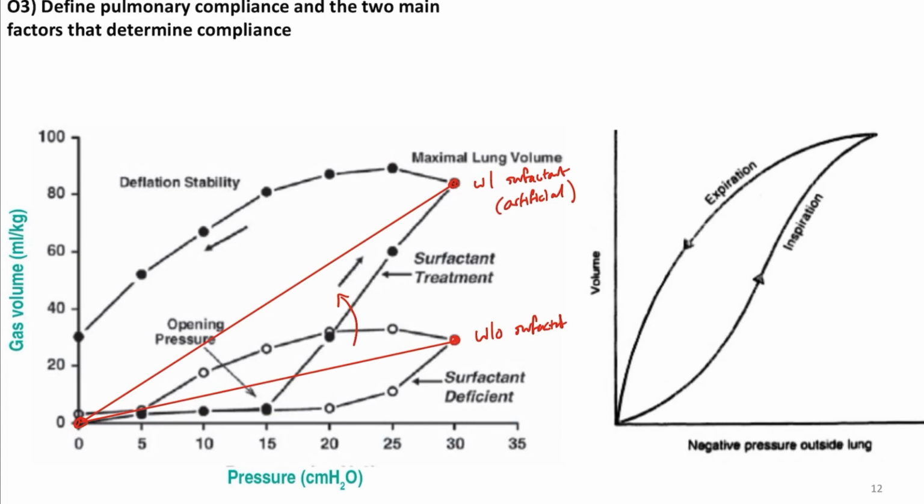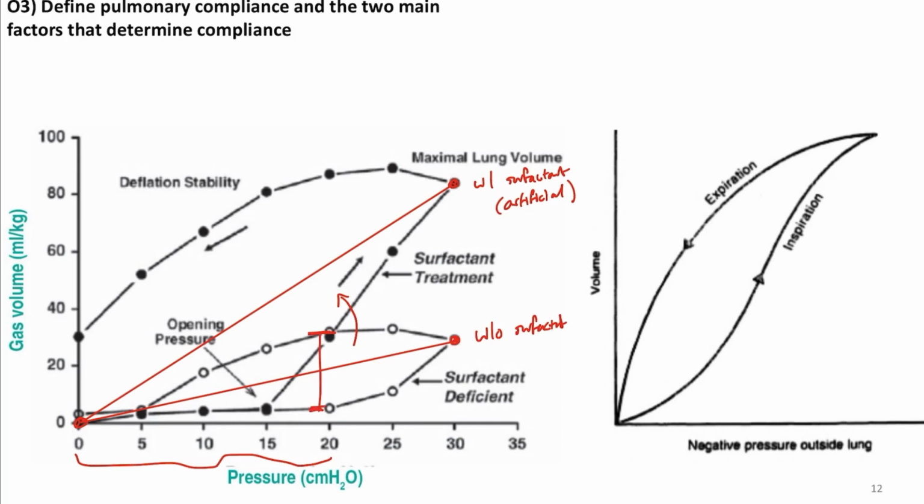So for example, after 20 centimeters H2O of force that your lung is using to increase its size, you get a huge difference in the size the lung is able to expand to with and without surfactant.